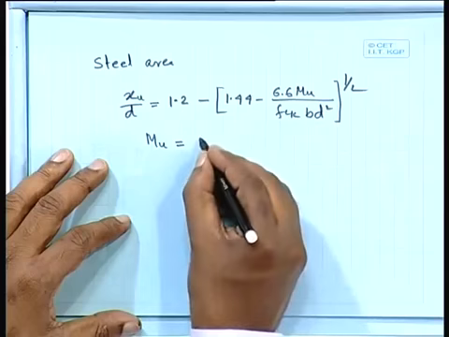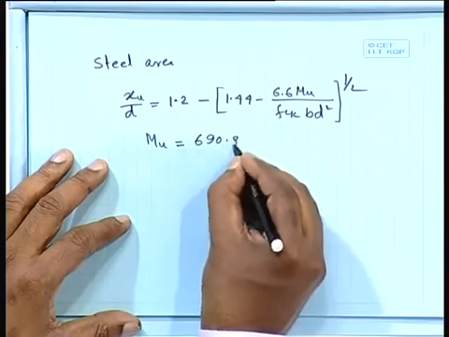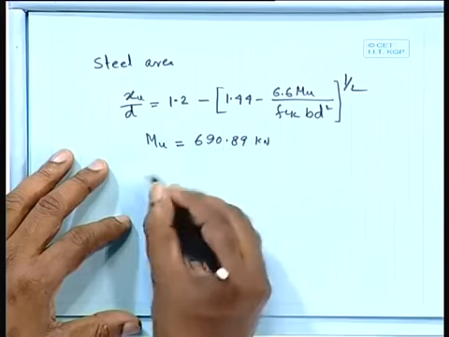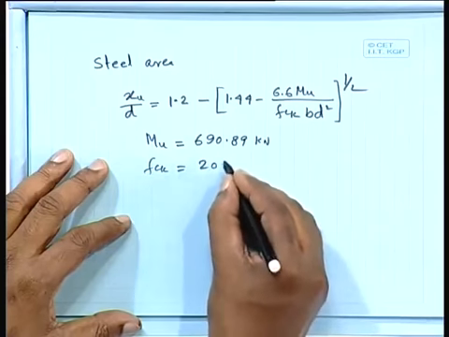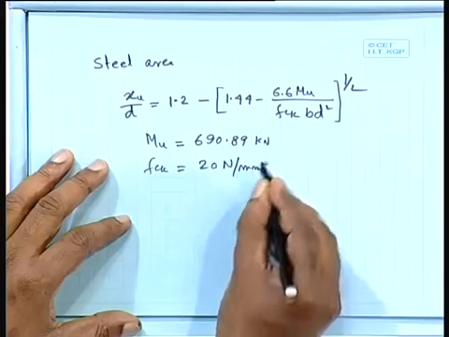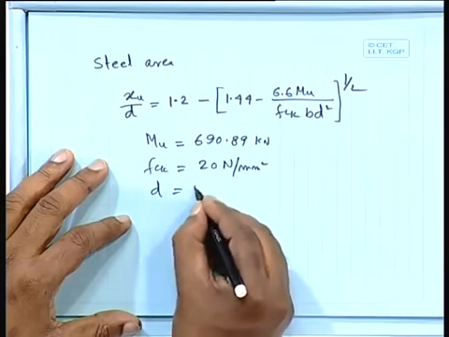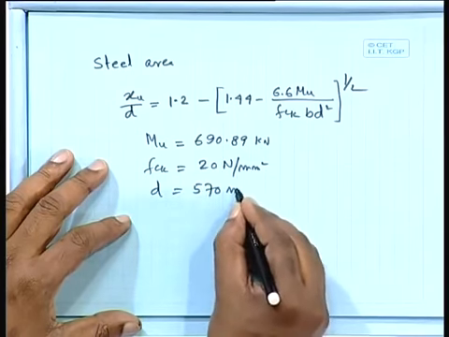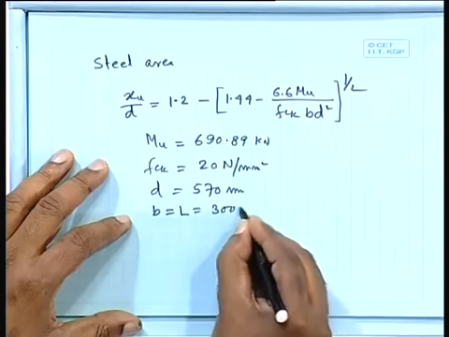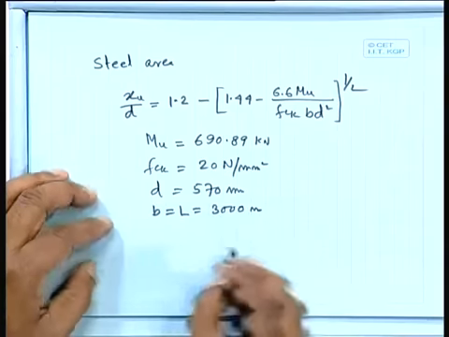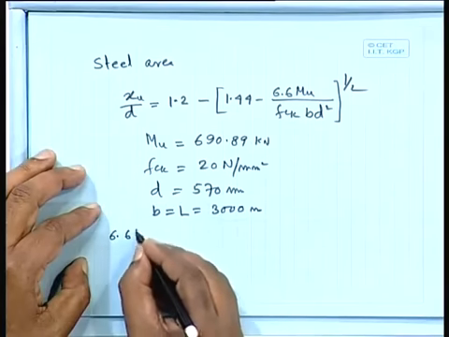Mu equal to 690.89 kilonewton meter, FCK 20, D 570, B equal to L equal to 3000 millimeter.